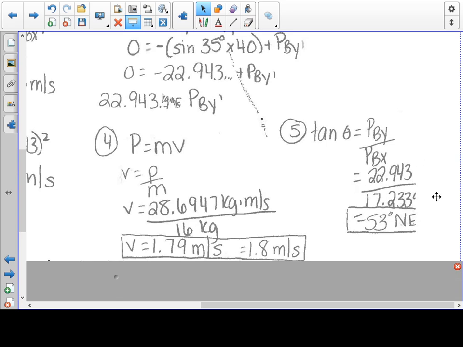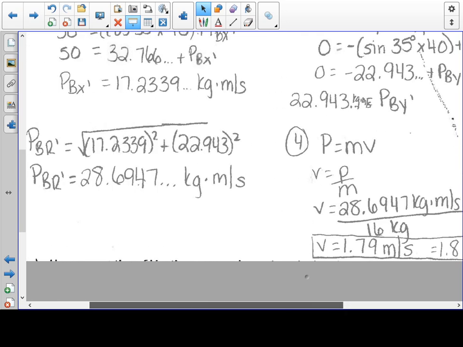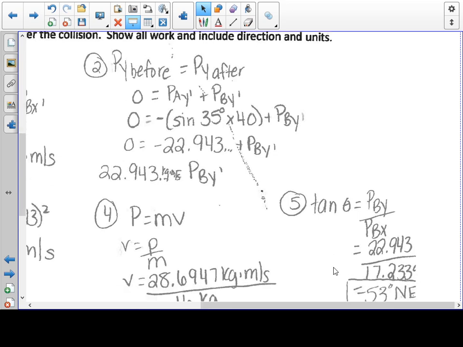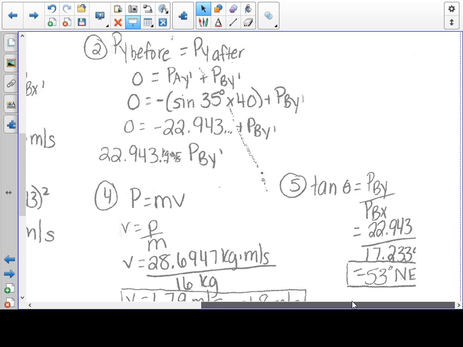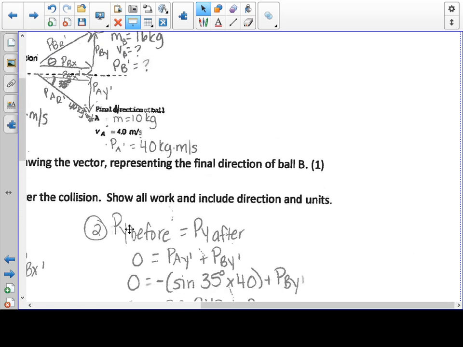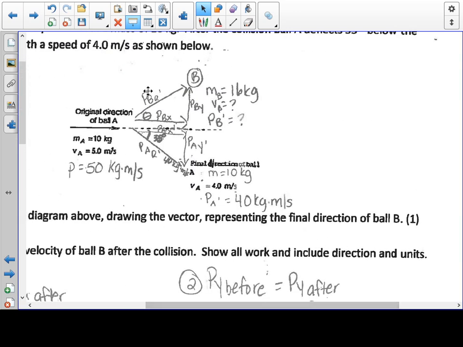Momentum in the x direction was 17.2339, which gives us a direction of 53 degrees north of east. So we have 1.8 meters per second, 53 degrees north of east.